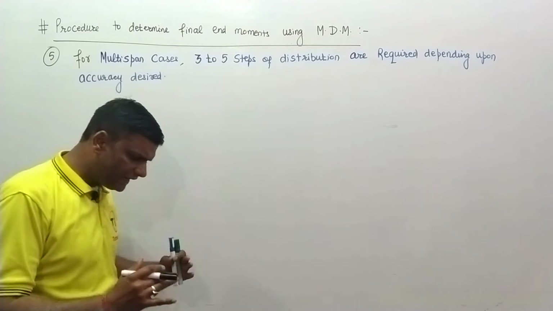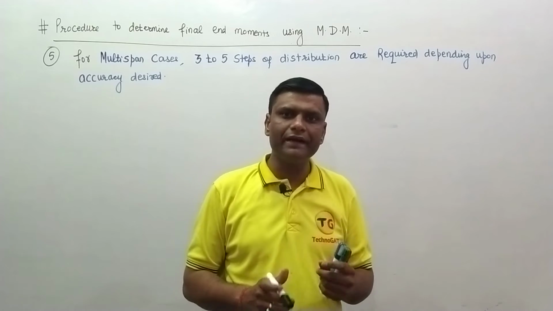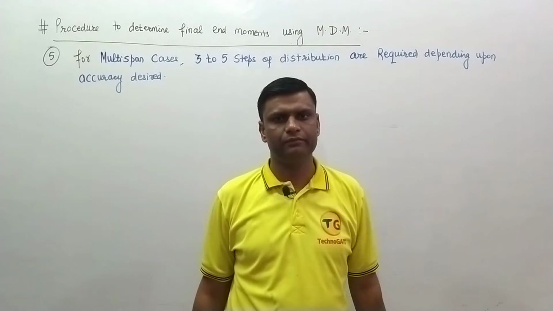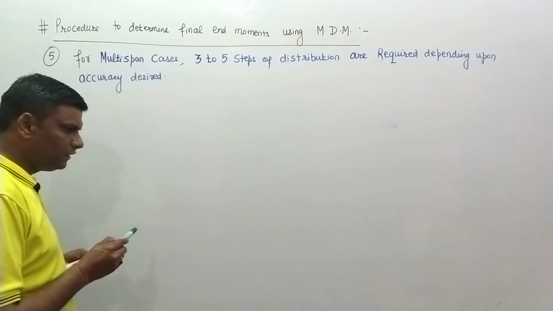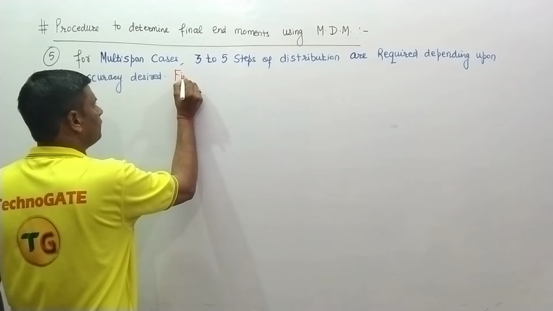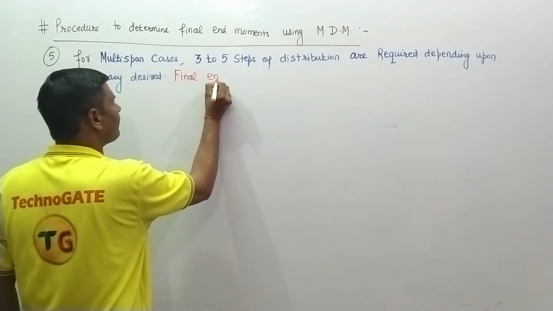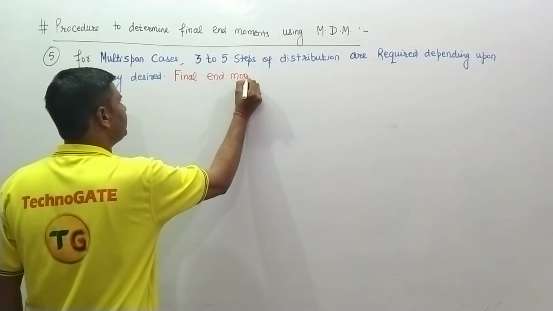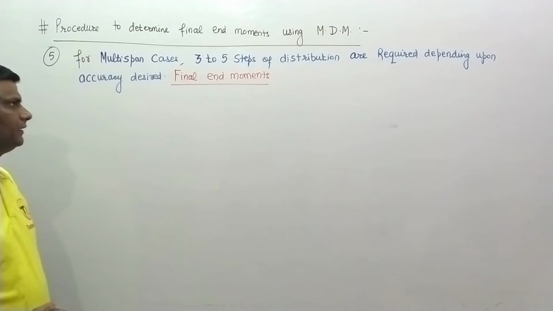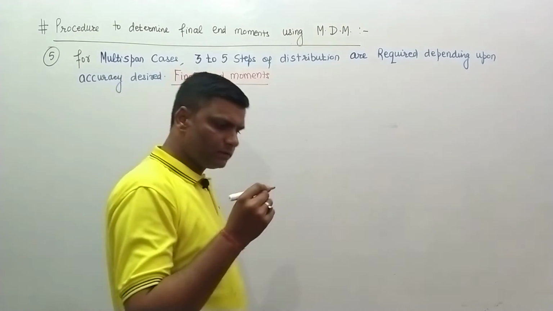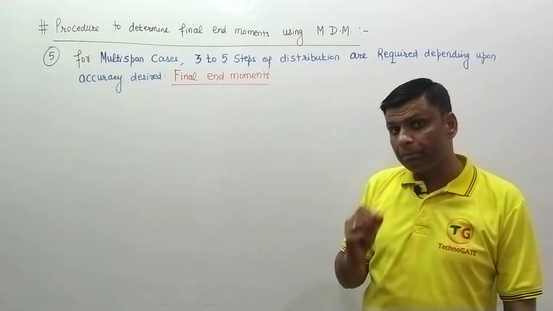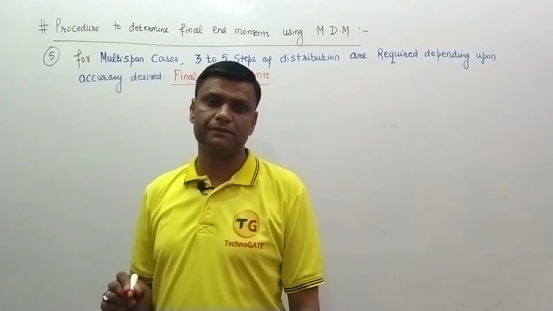The final end moments are calculated by taking the algebraic sum at the end of the table. Please be careful, these are final end moments, not the final bending moment. The final bending moment will be the algebraic sum of the final end moment plus the simply supported moments.